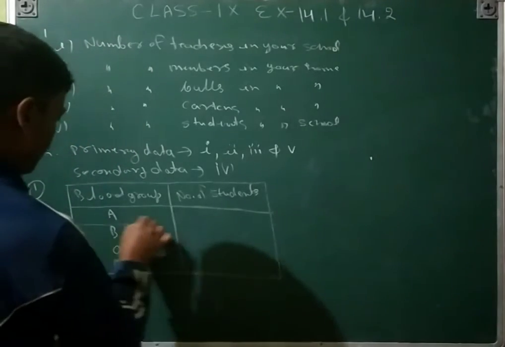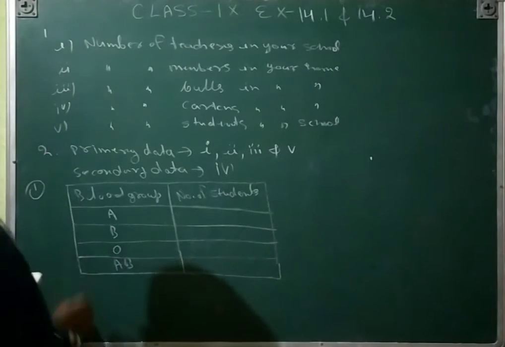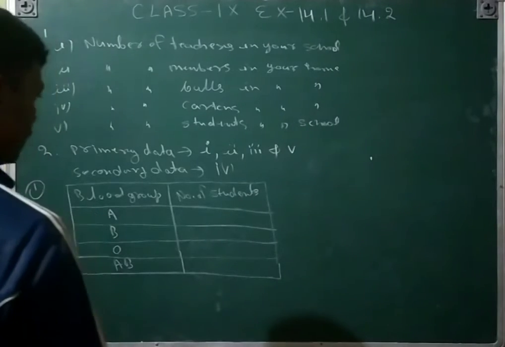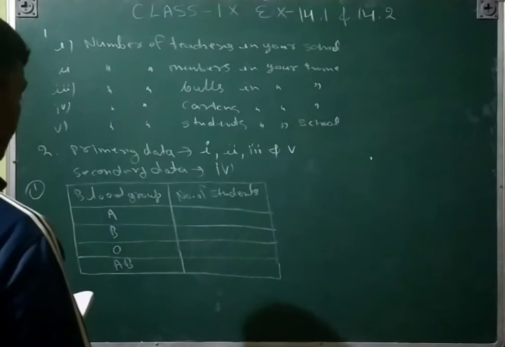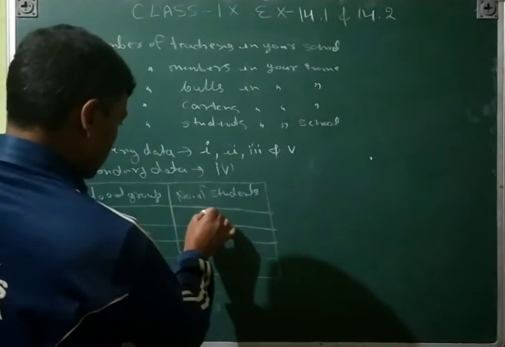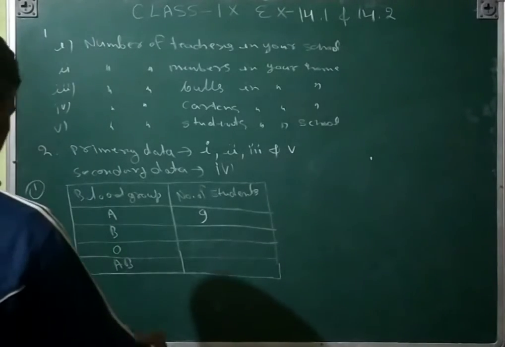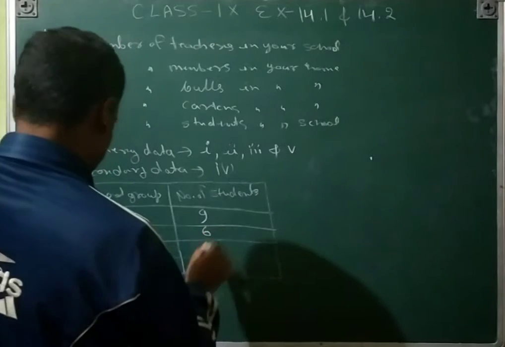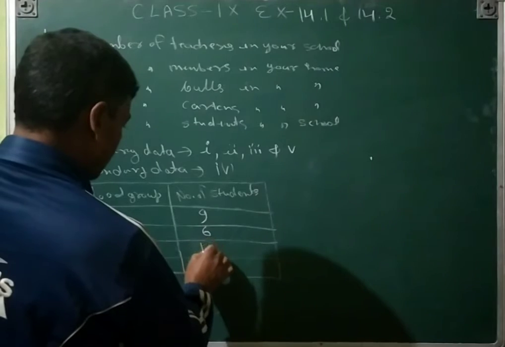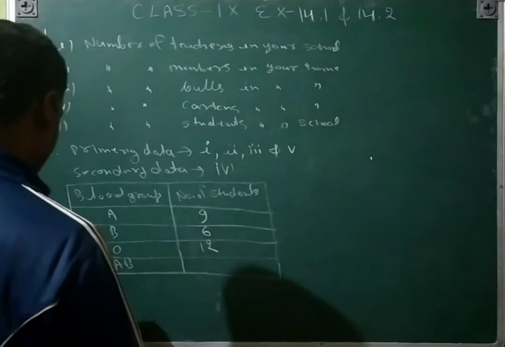And now you will count how many students are in each blood group. How many students of A blood group? You will count: that is 9. B blood group students are 6, and then count the O blood group: that is 12. You know that O is the donor group.